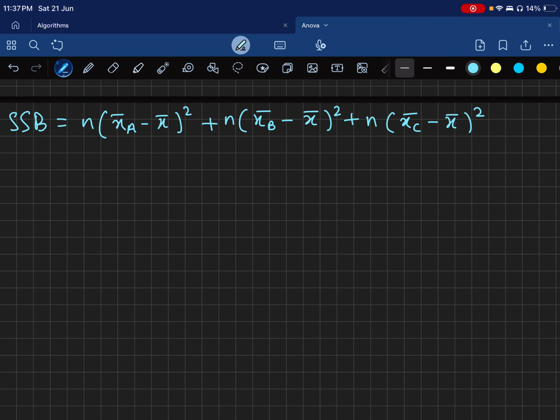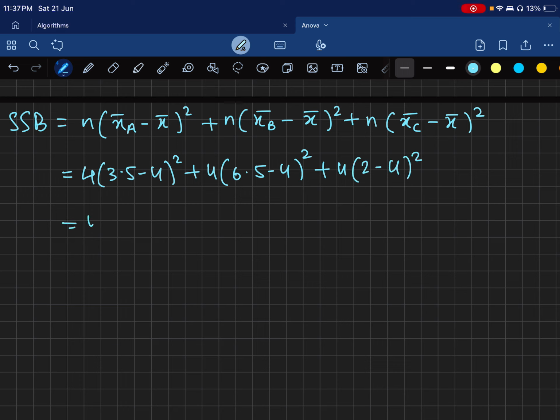So let's substitute the values and solve it. When you substitute, you get 4 into (3.5 minus 4) square plus 4 into (6.5 minus 4) square plus 4 into (2 minus 4) square.